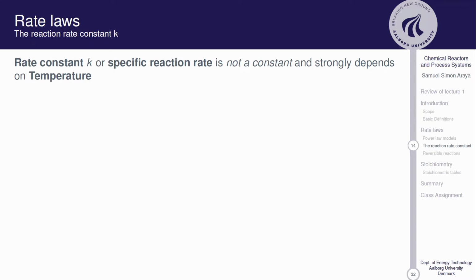The rate constant k, which we saw in the power law, is not a constant. It's a constant with respect to concentration, but with other parameters like temperature, it's not.